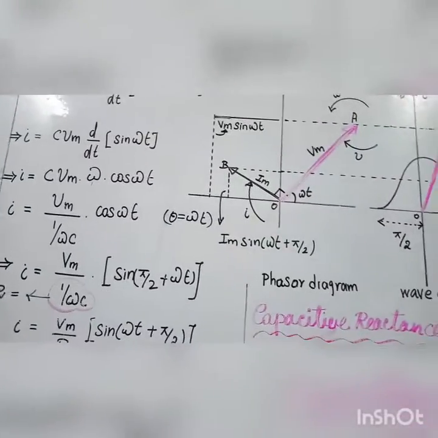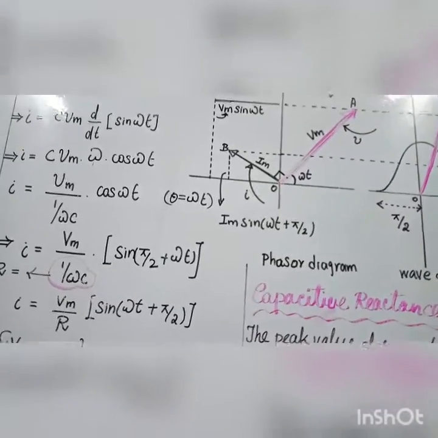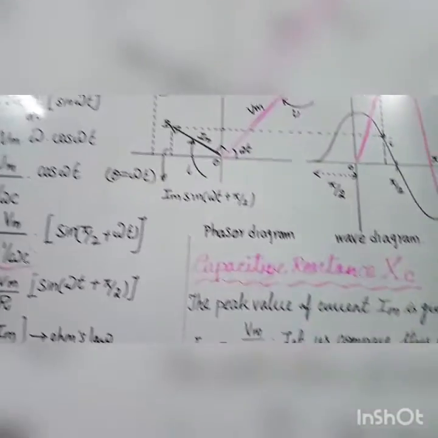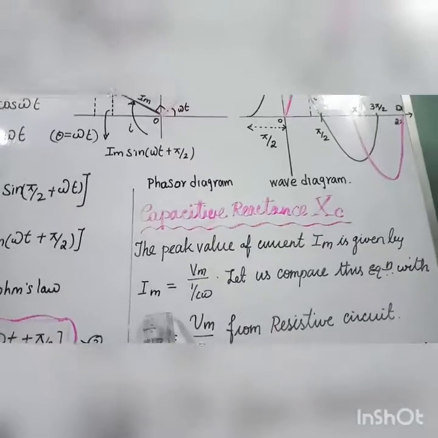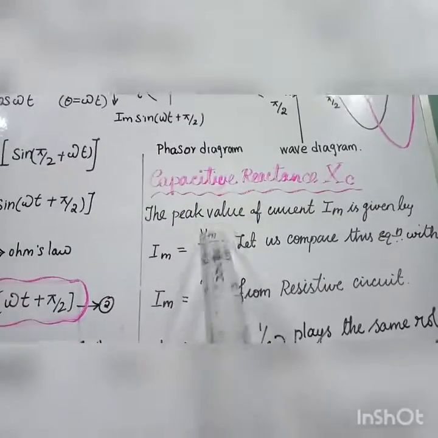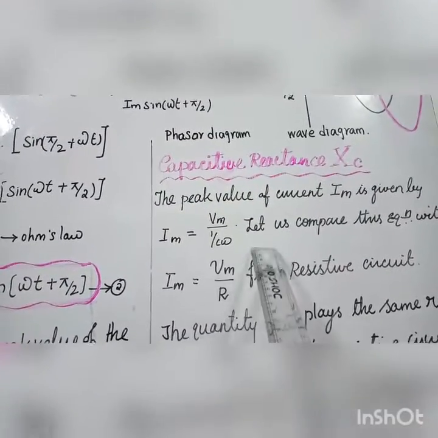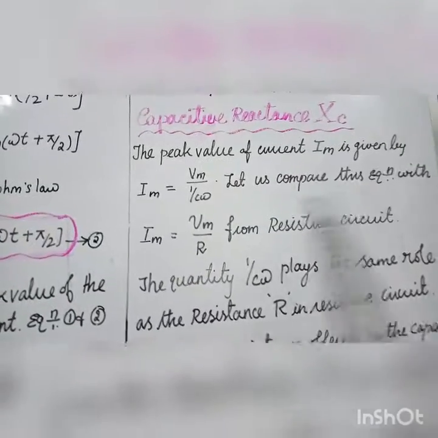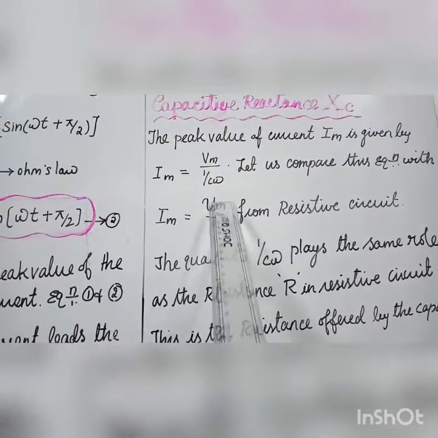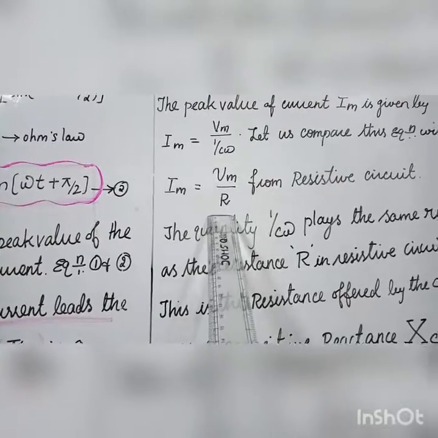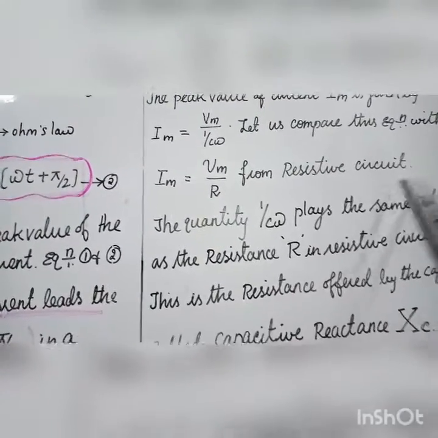Now the capacitive reactance XC. The peak value of current Im is given by Im is equal to Vm by 1 by omega C. Let us compare this equation with Im, maximum voltage divided by resistance, in a resistive circuit.